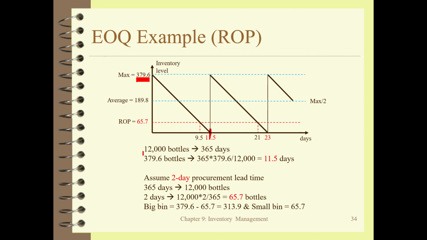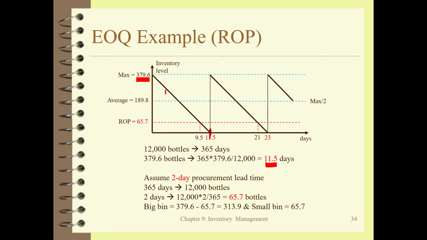You can use the rule of 3 in mathematics. You have 12,000 bottles in 365 days, but here it is 379.6 bottles. How many days? You get 11.5 days here.